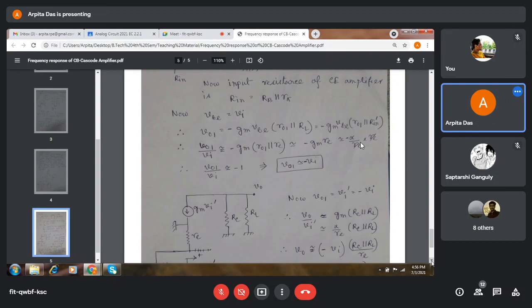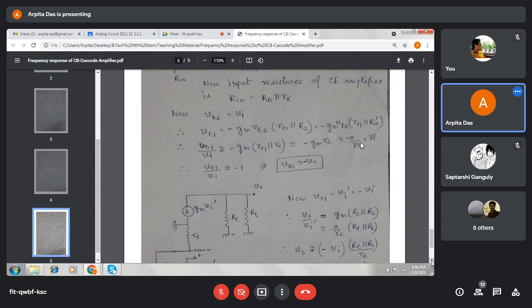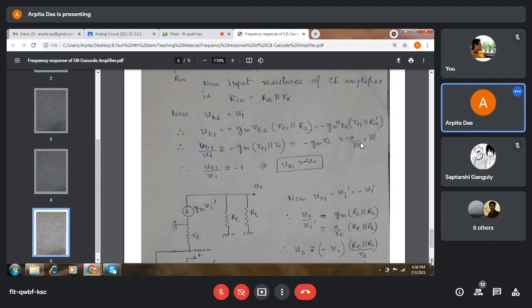The CE stage amplifier doesn't provide any gain, but in another way, it doesn't decrease the bandwidth of the amplifier. So there is a compromise. Always there is a compromise between gain and bandwidth. Here we lose the amount of gain, but as a result, we improve the frequency bandwidth.